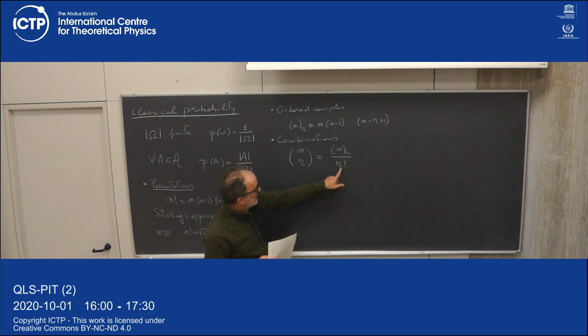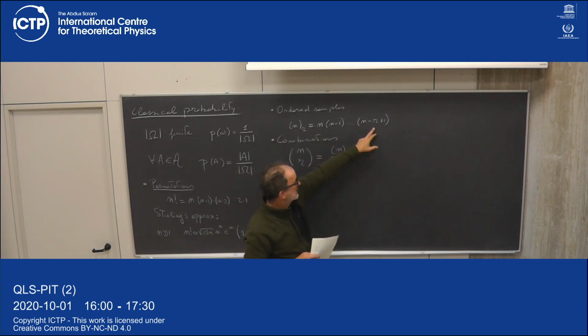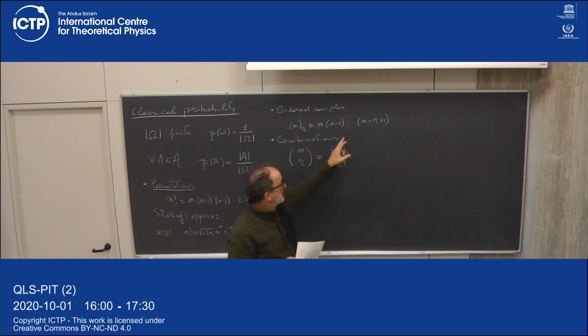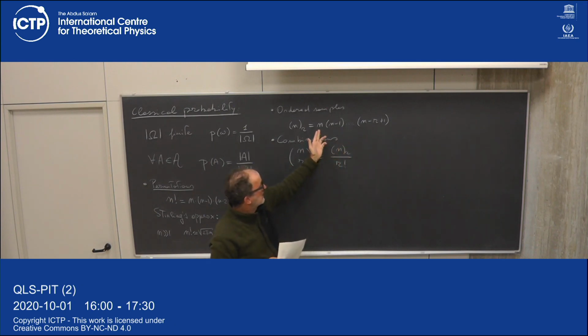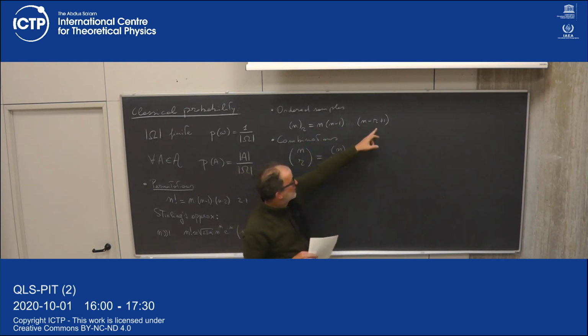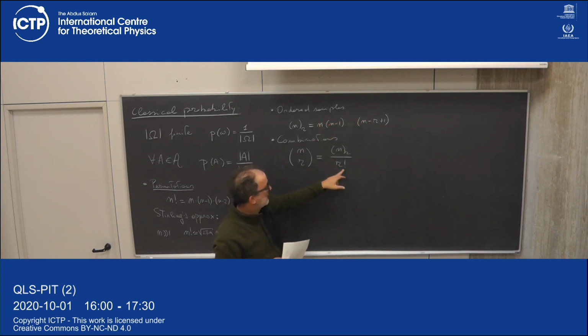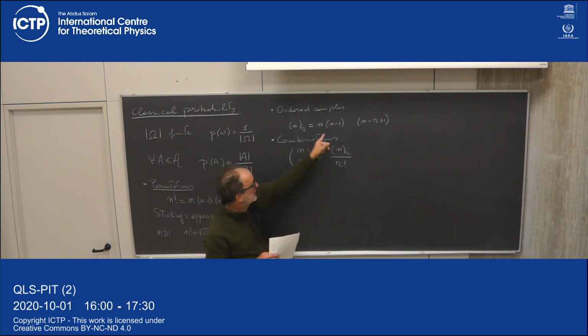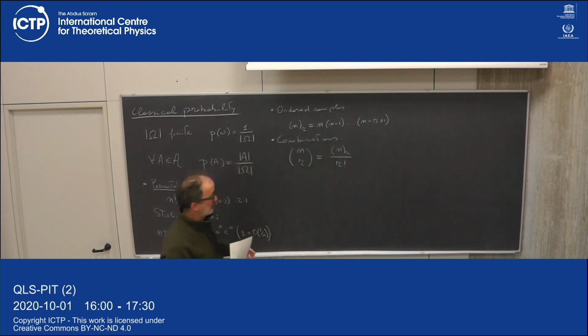And why do I divide by r factorial? Because I don't care about the specific order. Here I was choosing the first, the second, and the last. But the same group will be chosen in r factorial different ways when I change the order in which the objects are chosen. So this is the number of combinations of r objects from n objects.